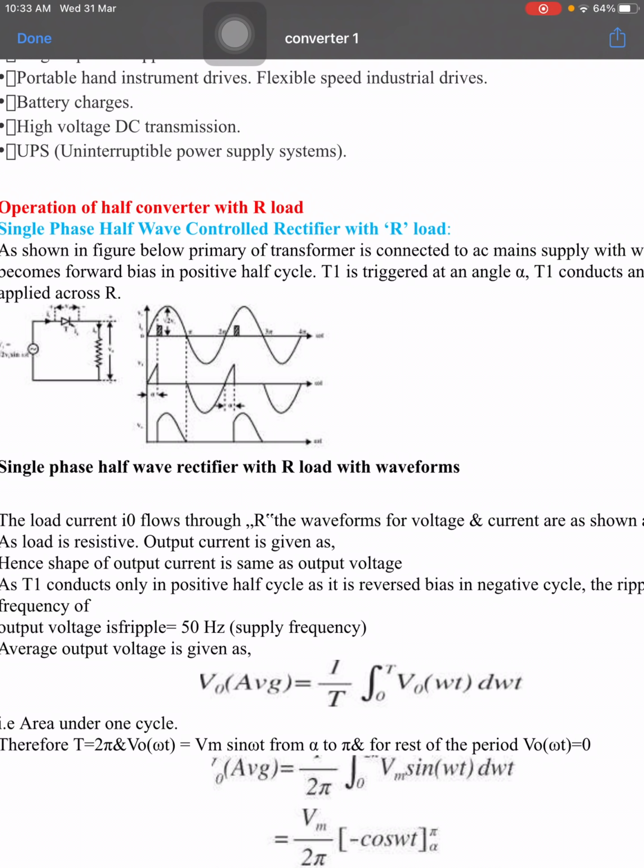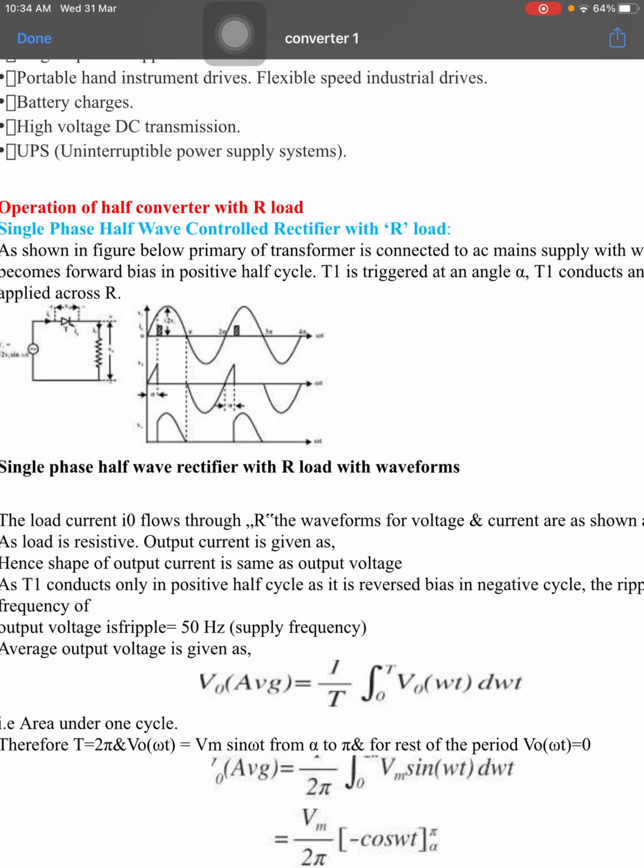I already told you the thyristor voltage is zero in the positive half cycle, in the on state, because of the short circuit. See the negative half cycle: in the negative half cycle the thyristor is off, then Vt is equal to Vs.